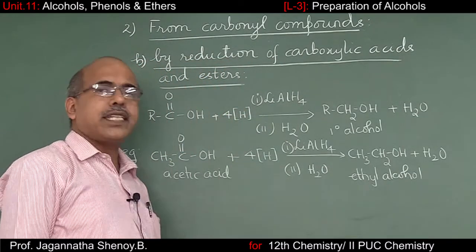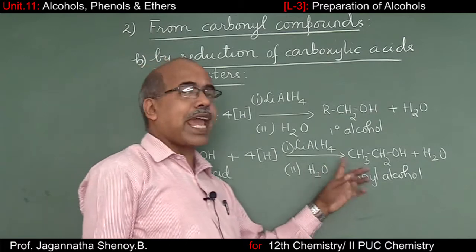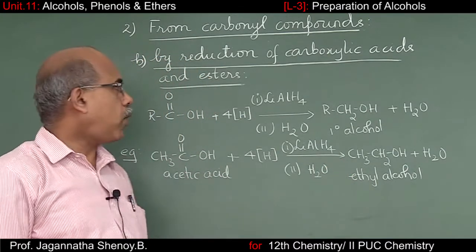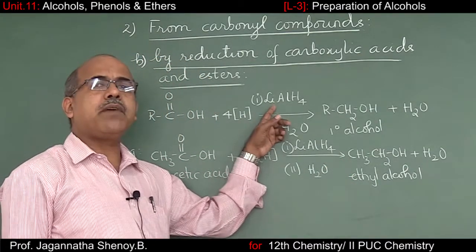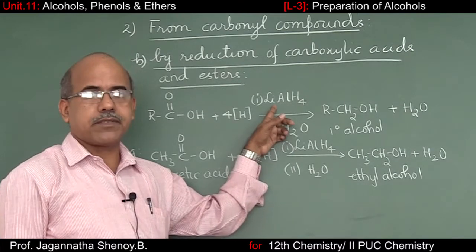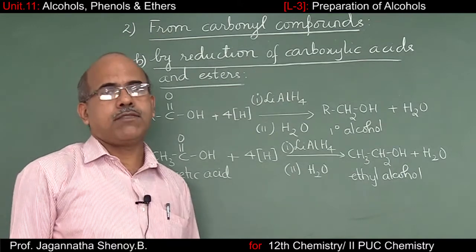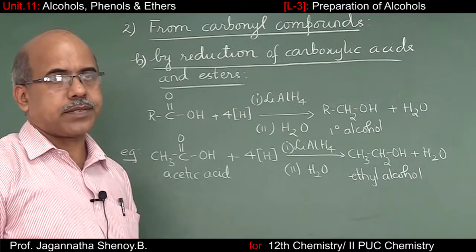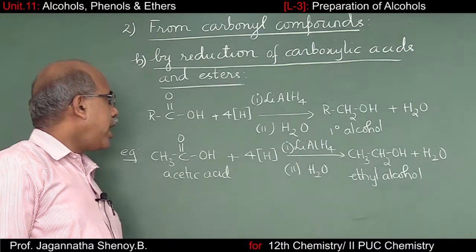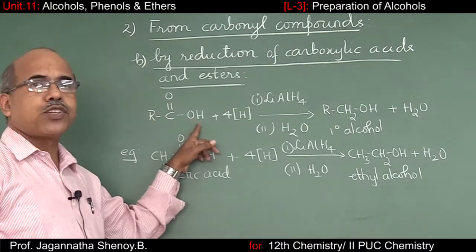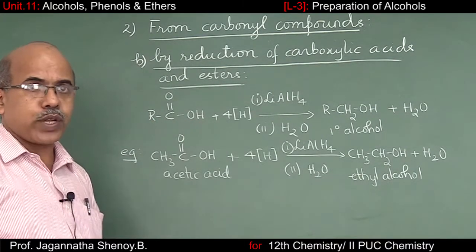Now, the yield is excellent. But the problem is lithium aluminum hydride is very, very expensive. That's why this particular method is used in the preparation of only specialty chemicals. In short, carboxylic acid groups cannot be reduced so easily.